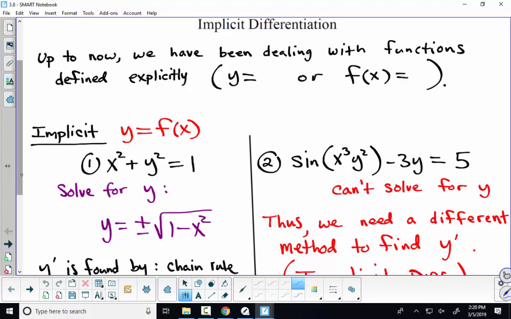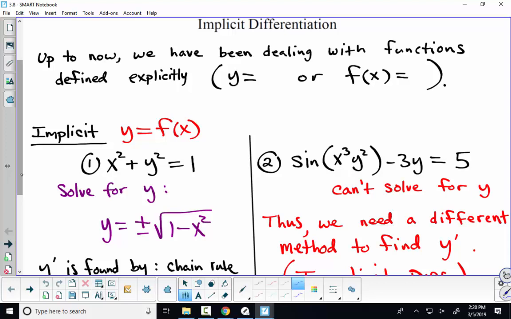So we've explicitly known what the function was in terms of x. Here in 3.8, we're going to look at what happens if we're unable to solve for y, so I can express something as y equals. A lot of times you can't do that with a particular function.